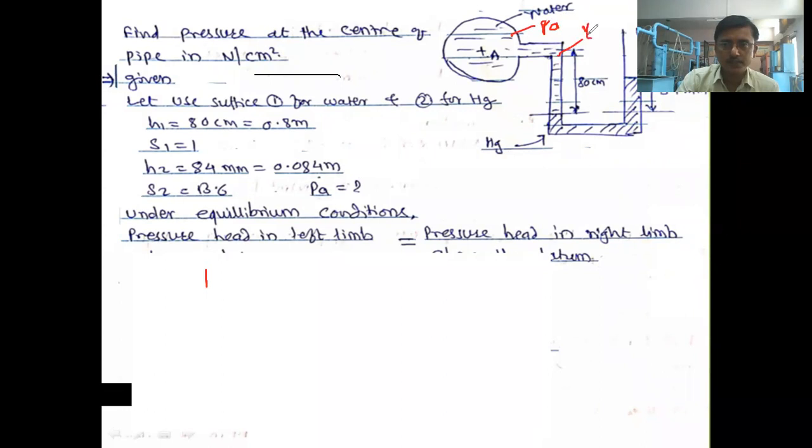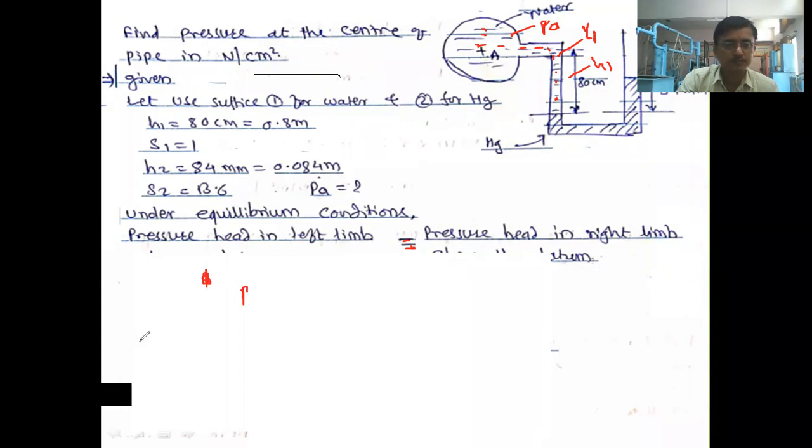This has the weight density gamma 1. The same liquid is flowing through this pipe up to this, right? It has the weight density gamma 2, height h2, and height here h1. Now tell me the formula. Pressure intensity in the left limb above the datum is equal to the pressure intensity in the right limb. So what are the various pressure intensities in the left limb?